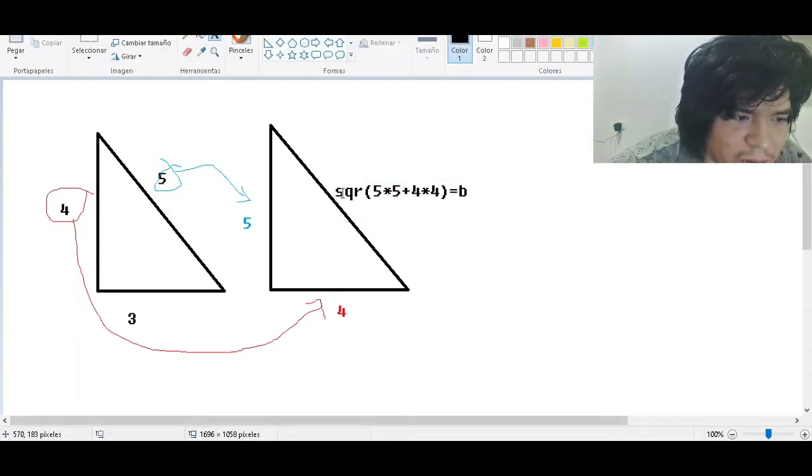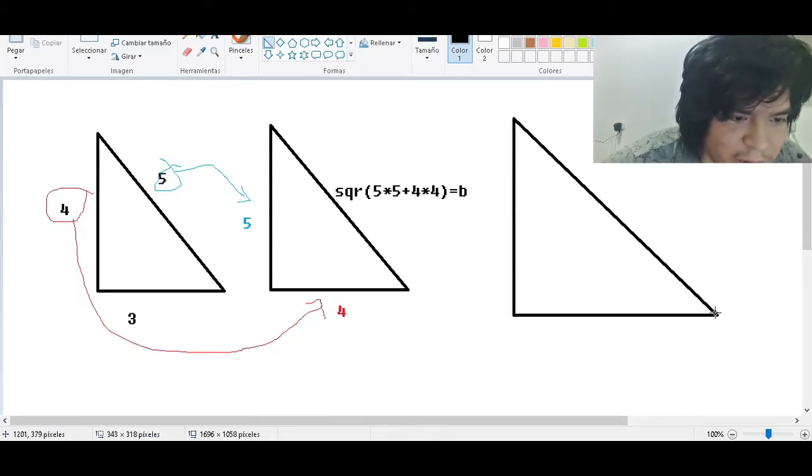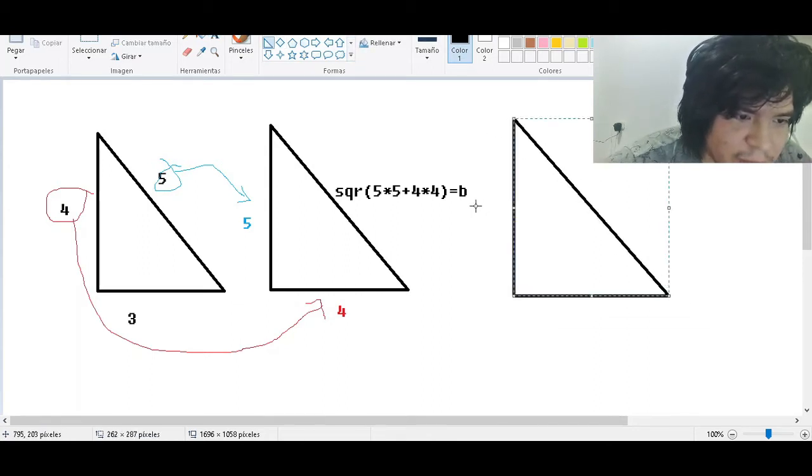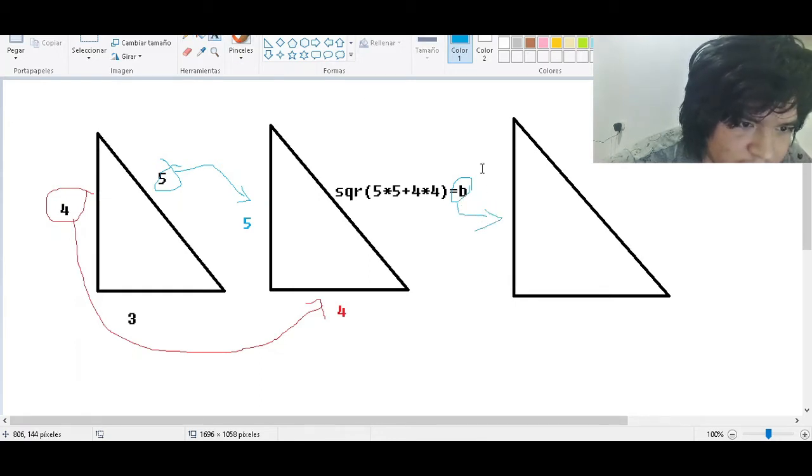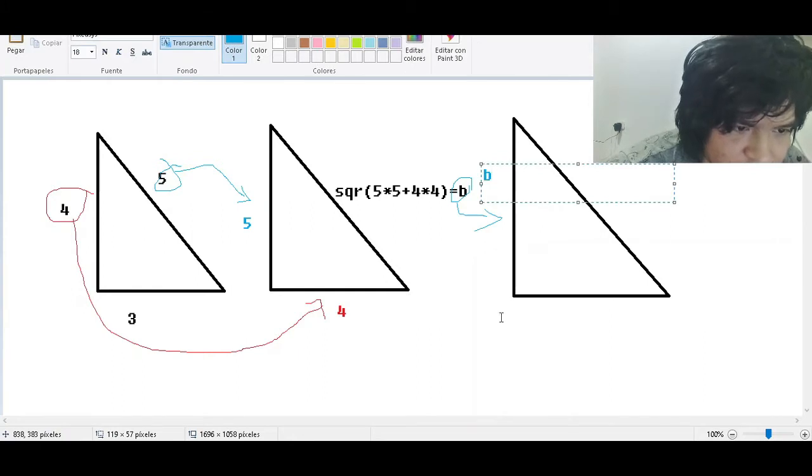So we can know the hypotenuse by knowing these two sides, and we can know these two sides because of the previous triangle. If we construct a new triangle, a third triangle, then this value b should be the second longest side. And we can keep constructing this way.